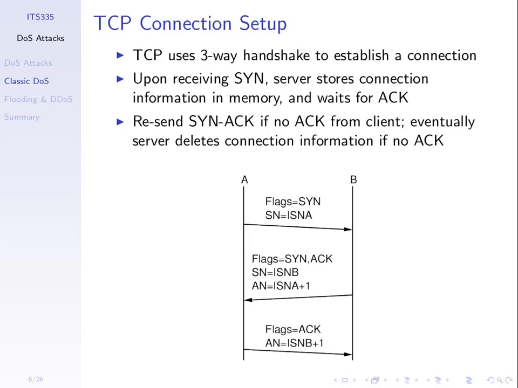What an attacker will try to do is to get the server to allocate memory for many connections and eventually consume all the memory of the server, and therefore the server will not be able to accept any future connections. Let's just see the TCP 3-way handshake and then try and illustrate that memory allocation.